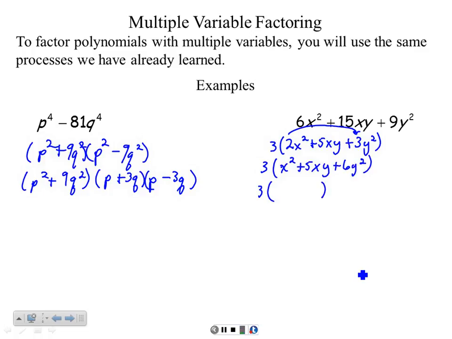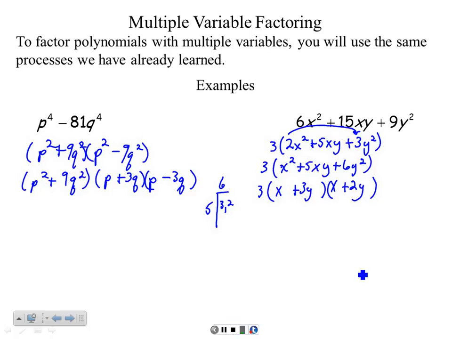And then we're going to factor this new trinomial. Signs are going to be the same. So we're going to split this x squared into x and x. And what can we multiply together to get 6, but add together to get 5? And that's going to be the 3 and the 2. But we have to throw in this y squared, so we have 3y and 2y.